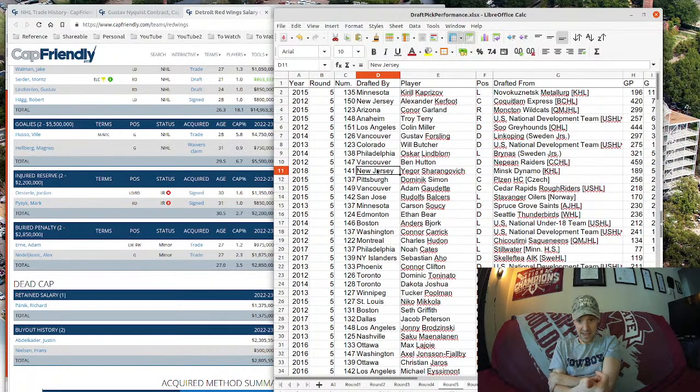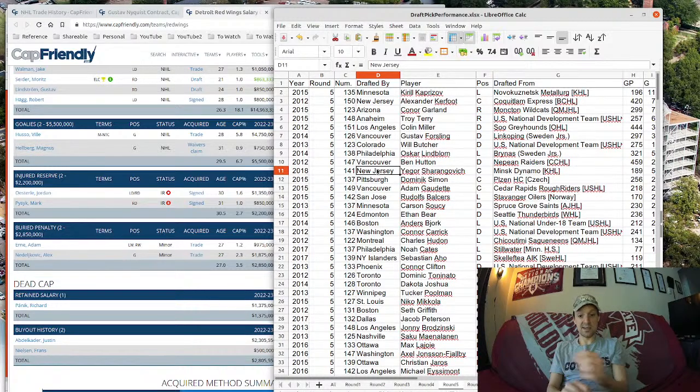But this would also indicate that the development's not that good either, because otherwise there'd be more players showing up for each team. So it looks like teams are not good at selecting. They're not good at developing. So draft picks are not of much value except for the first round picks.